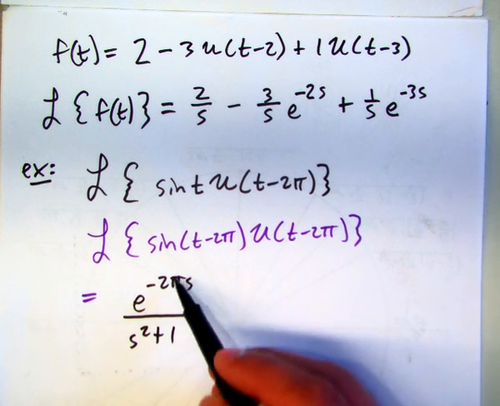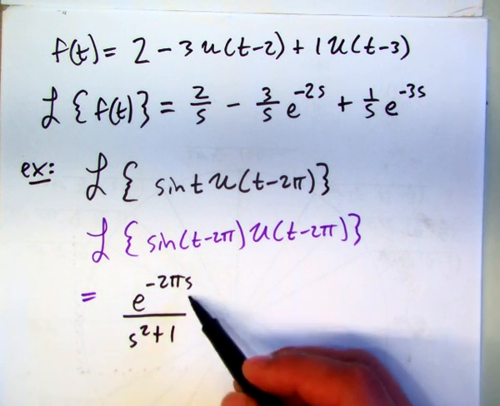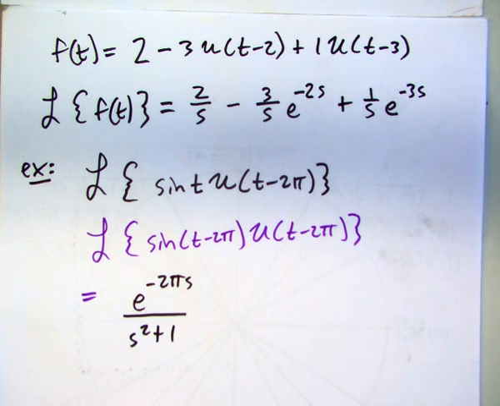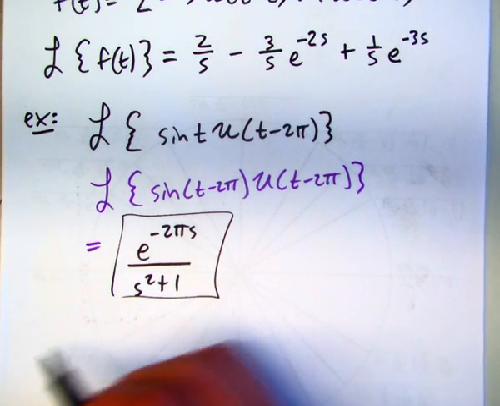This is our shift. Transform of sine is just a over s squared plus a squared, whatever that may be. In this case, it's 1. Not a big deal. Okay.